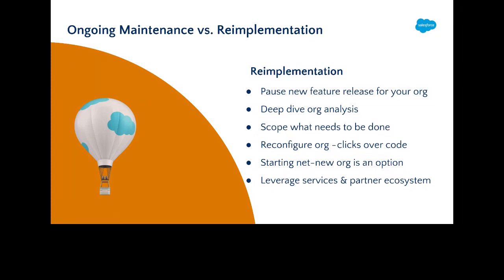Do a deep dive on your org analysis using the tools available, and also go for AppExchange packages that can help you do more deep dive analysis. Scope what needs to be done and what can wait. Reconfigure your org using clicks instead of code.